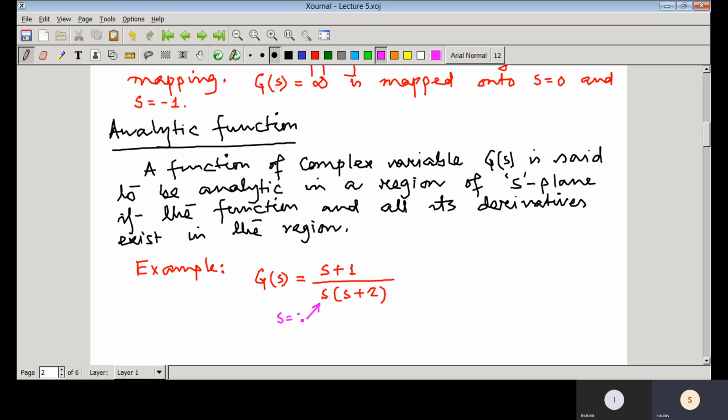So that means if you put s equal to 0, or if you put s equal to -2, so at those 2 points this function would be infinite. That means those are not defined. So we can say that the function is analytic except s equal to 0 and s equal to -2.